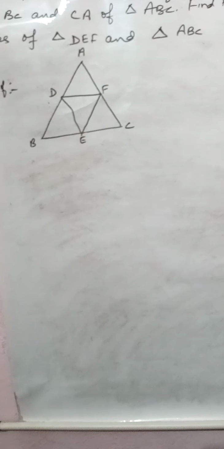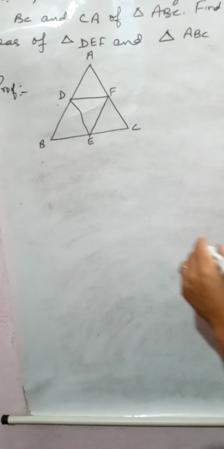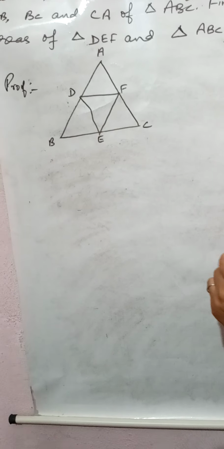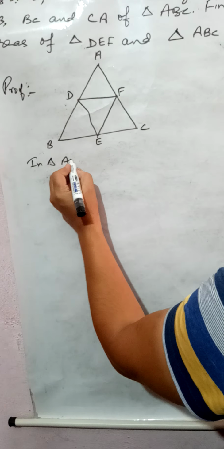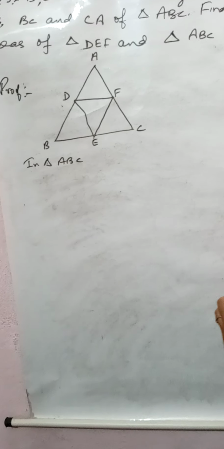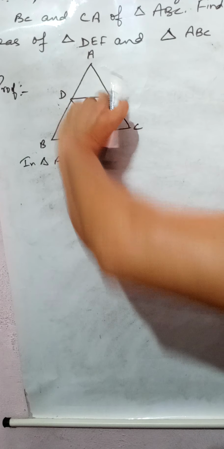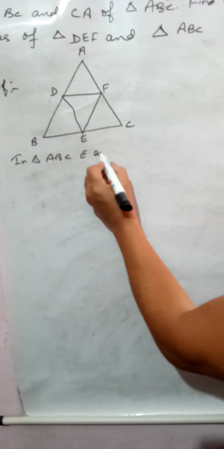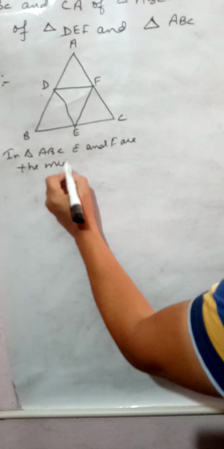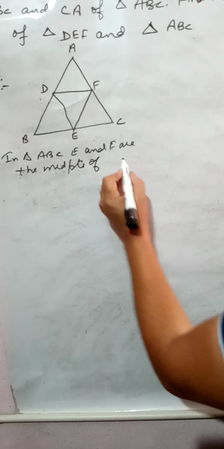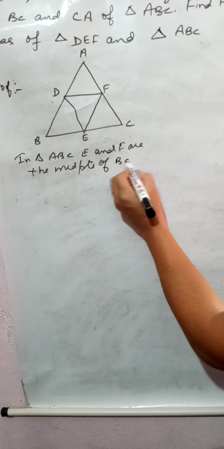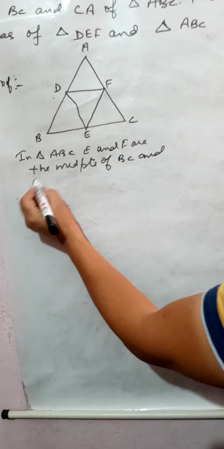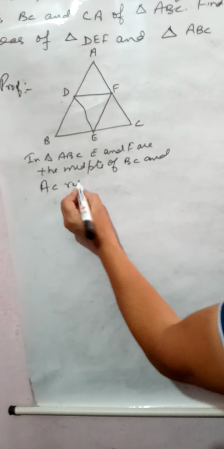We have already done the midpoint theorem in 9th class. In triangle ABC, E and F are the midpoints of BC and AC respectively.